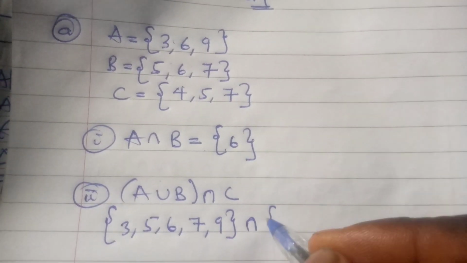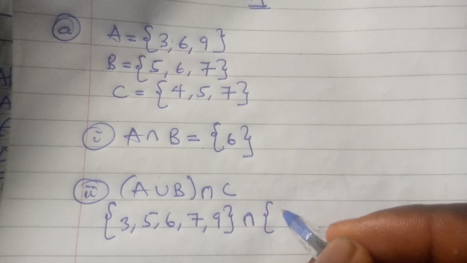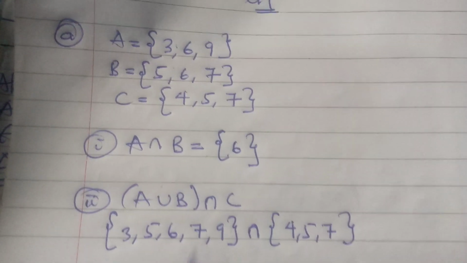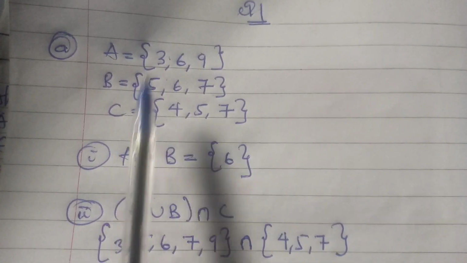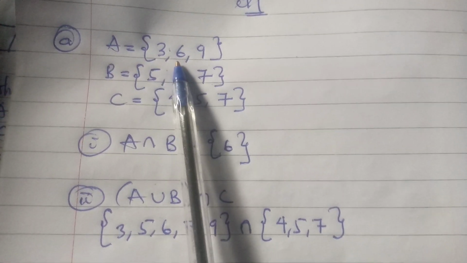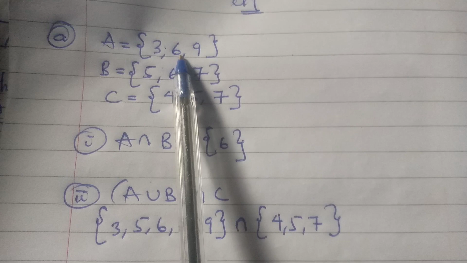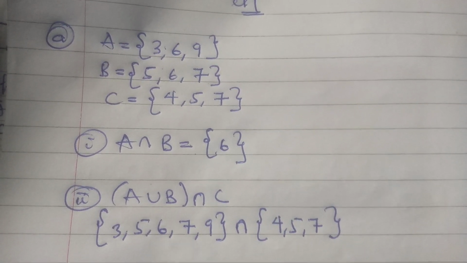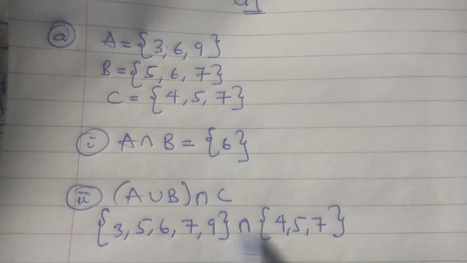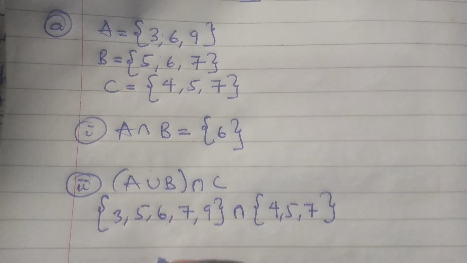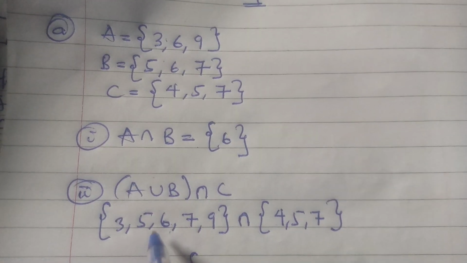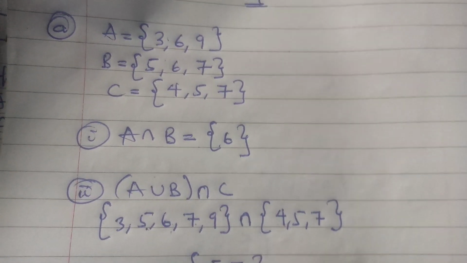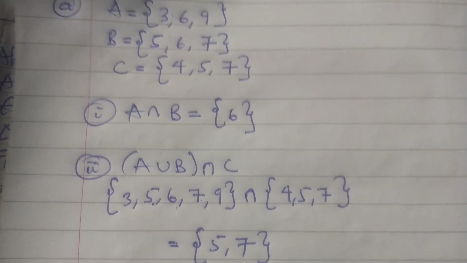Intersection the C. So we have 4, 5, 7 as C. With the union, we just combine the A and the B together. What you should know is that since the 6 repeated itself, we just write 6 once. And that is the union. So the intersection is what is in both sets. Looking at this, we are going to get the intersection as 5 and 7. So 5, 7 as the intersection.